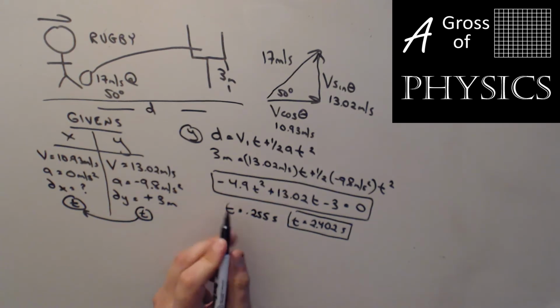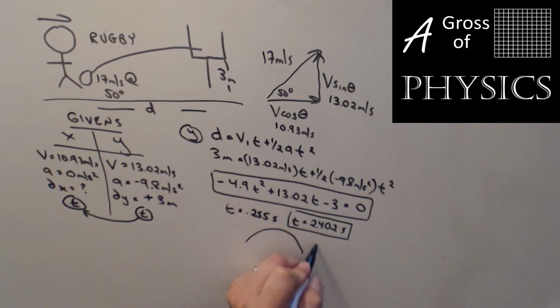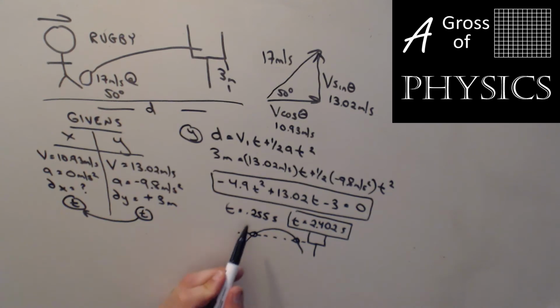Now if we remember, there's 2 times where the rugby ball in this case will reach the goalpost. So if this is the goalpost over here, we'll hit the goalpost at these two locations, and that's what these times represent. 0.255 seconds after it was kicked and 2.4 seconds after it was kicked.